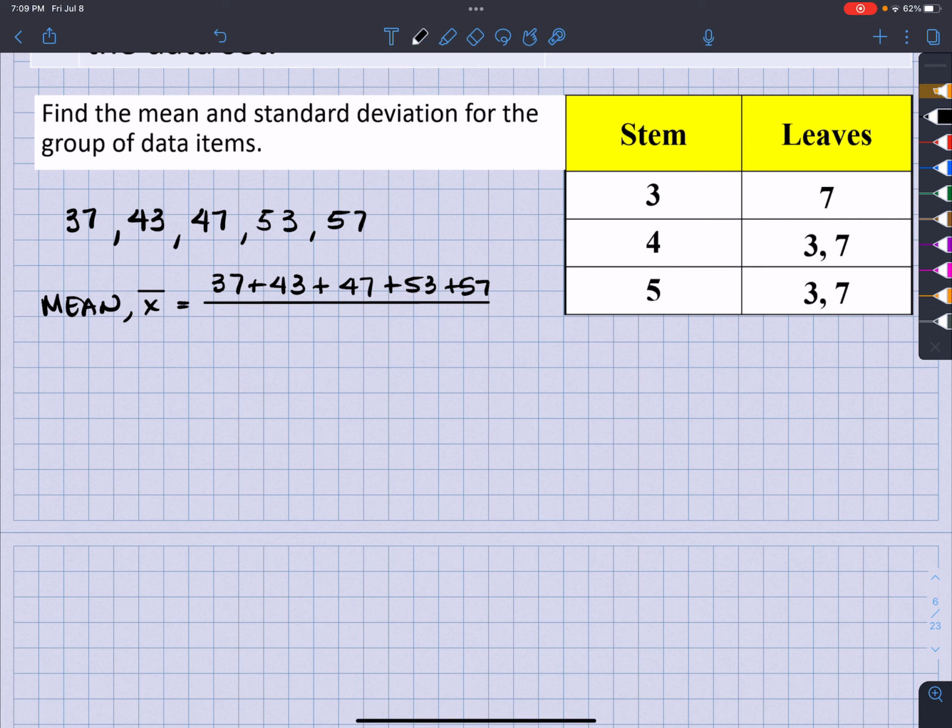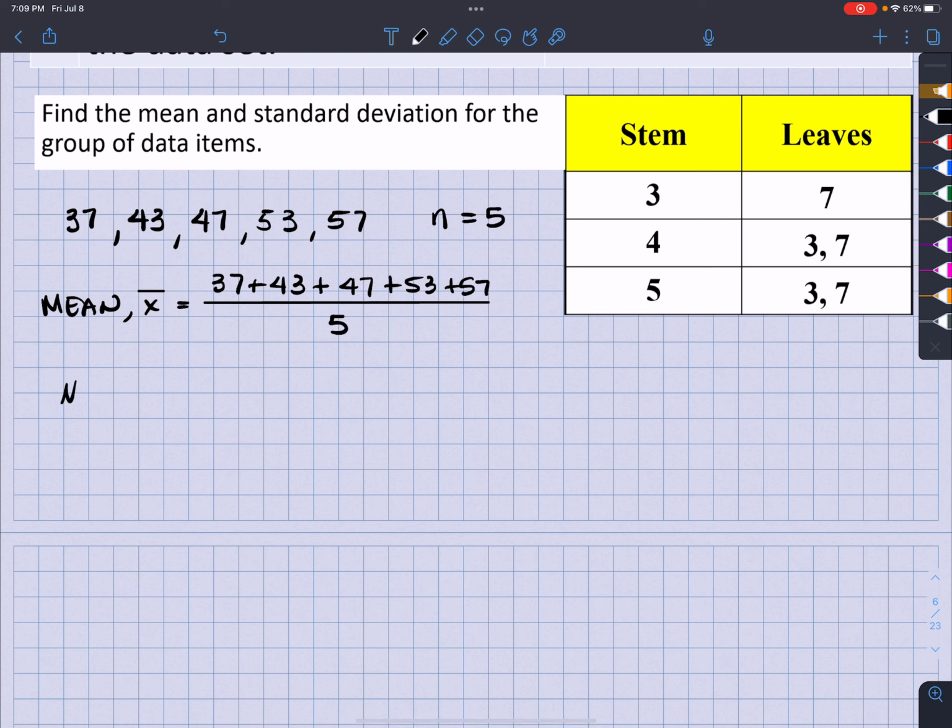So I would write down that n equals 5, because there are 5 items here. I would take the sum and divide it by 5. The sum of these 5 numbers is 237.